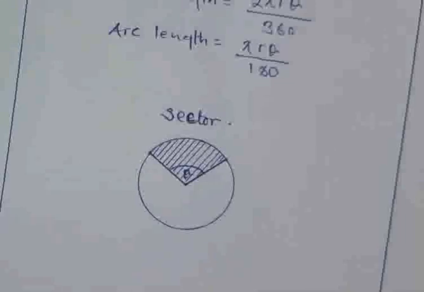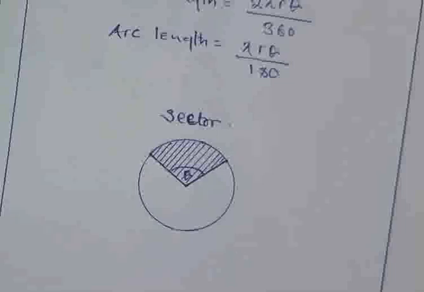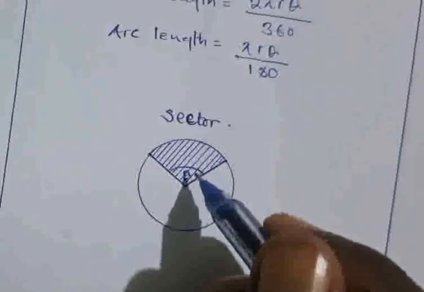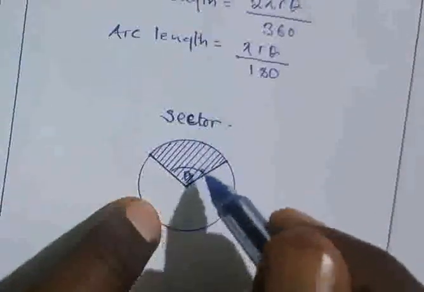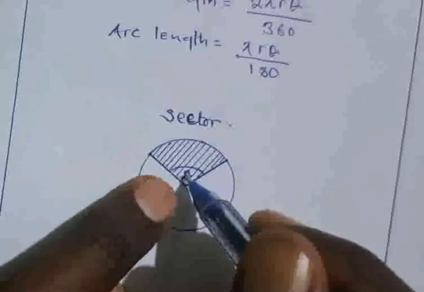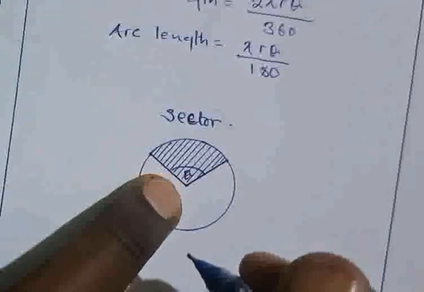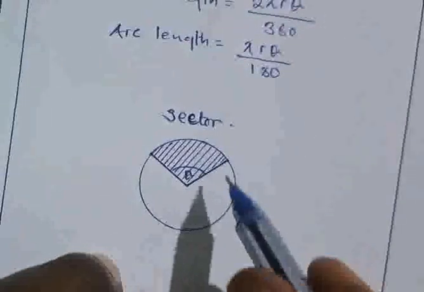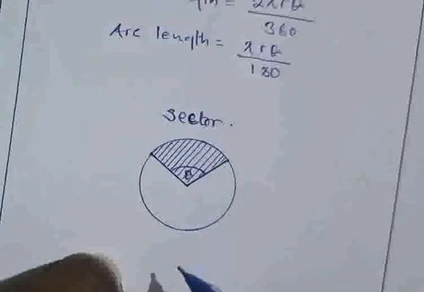Okay, again, on the area of a sector here, you notice again that we are looking at this part, and this part has been taken from what? That is from the whole angle, isn't it? We have the angle theta there. The angle theta there is taken from a whole of 360, isn't it? Now, 360 of what? Because here now, we are no longer dealing with the line, but we're dealing with the circle itself.